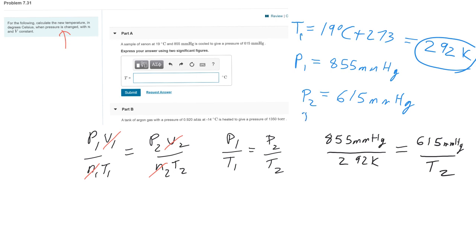In this problem, they're asking us to solve for the second temperature. One thing I've noticed that causes people issues is that the variable you're solving for is on the bottom.